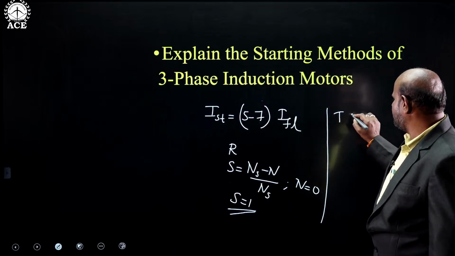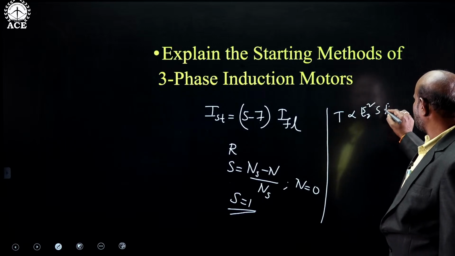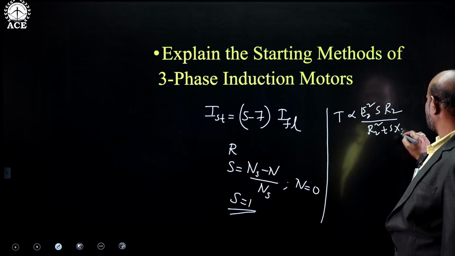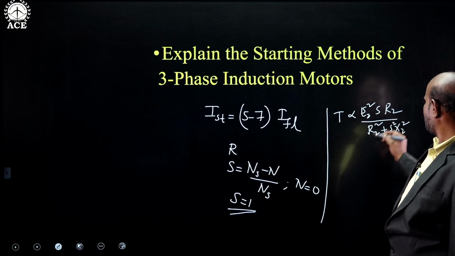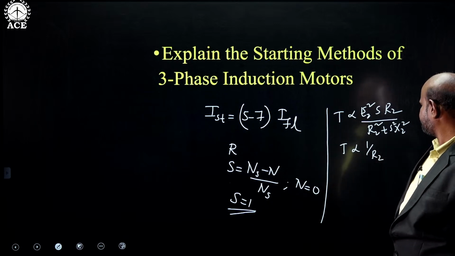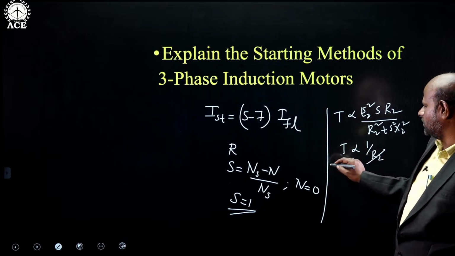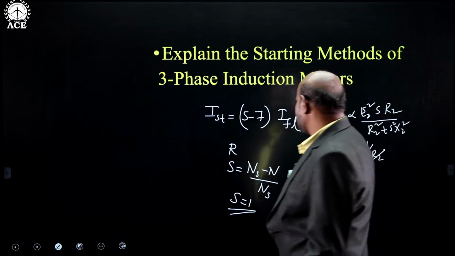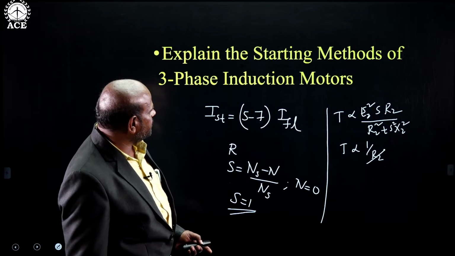You know the torque is directly proportional to E2 square S R2 by (R2 square plus SX2 square), and it is inversely proportional to rotor resistance. So by changing the rotor resistance, we can control the speed or torque. Here the starting current will be very high in three-phase induction motors also.